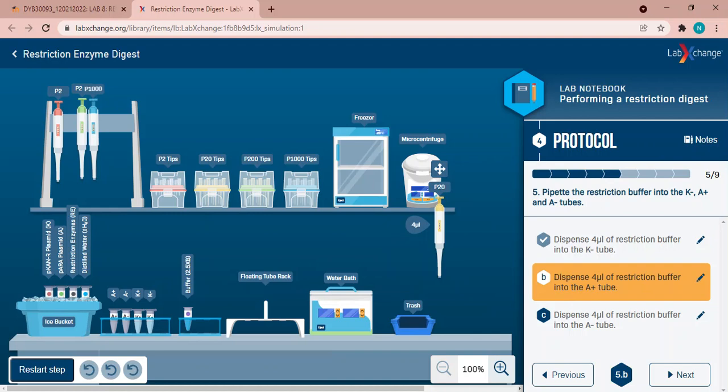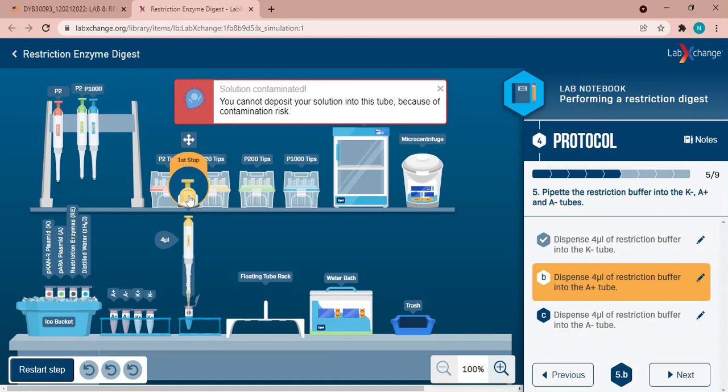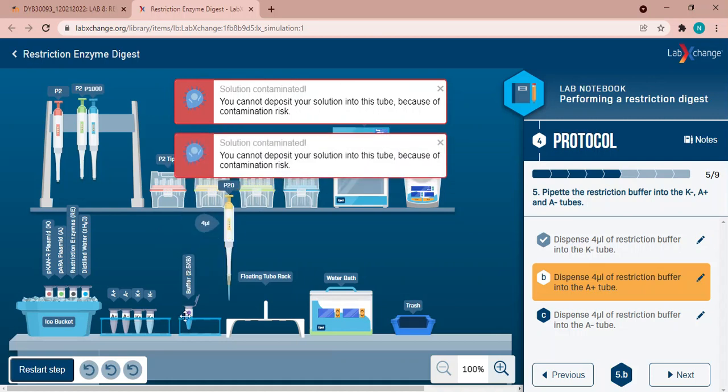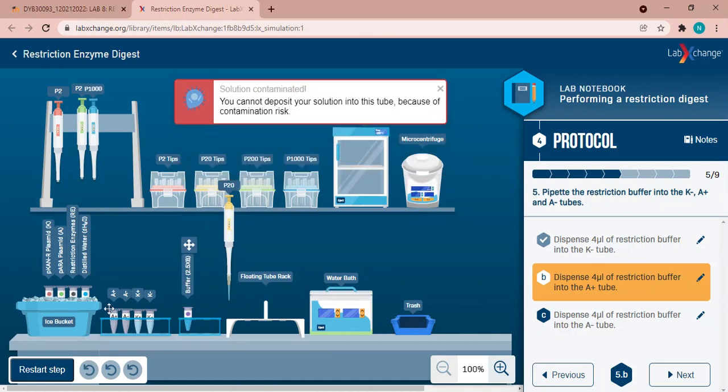Next, dispense 4 microliters of restriction buffer into the A plus tube. So eject a tip, add a tip, then dispense buffer to the A plus tube.